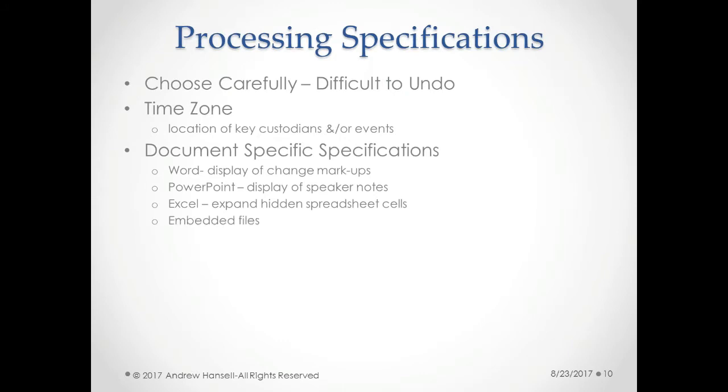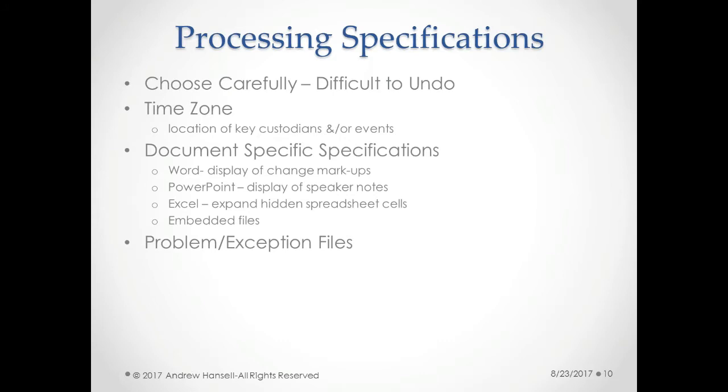Similarly, you can have entire files embedded in some of these Word documents or these Office documents, and you may want to make the decision to have those files extracted and then processed as part of the document processing.